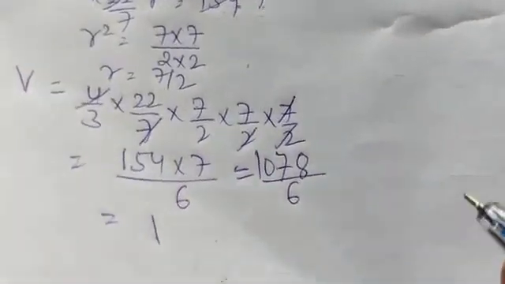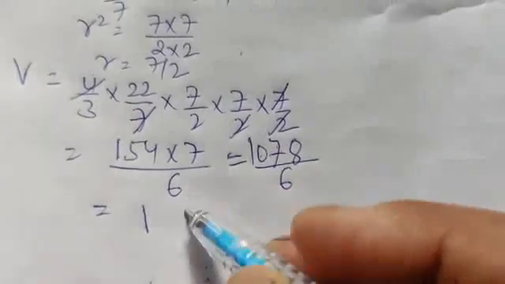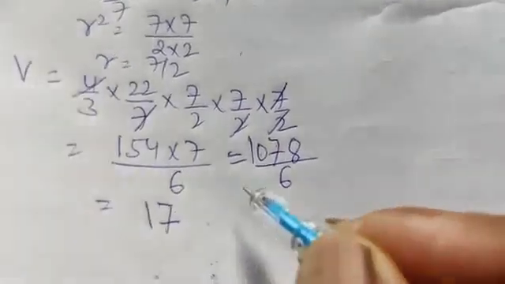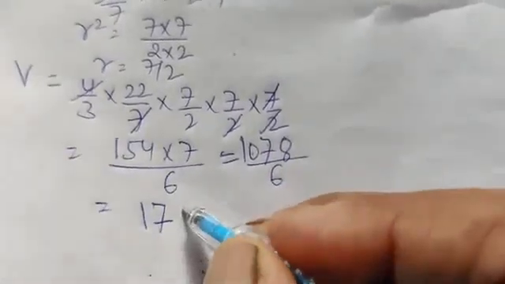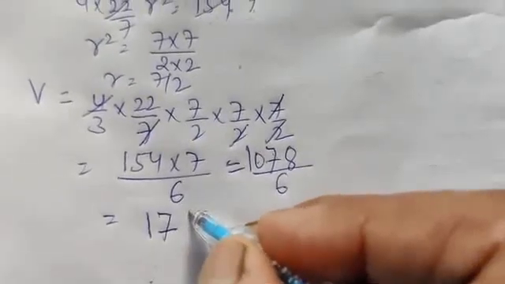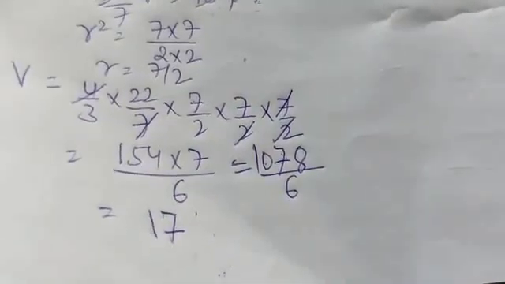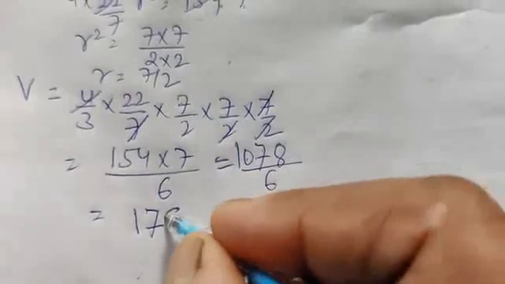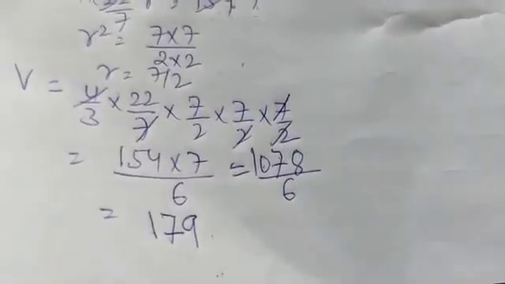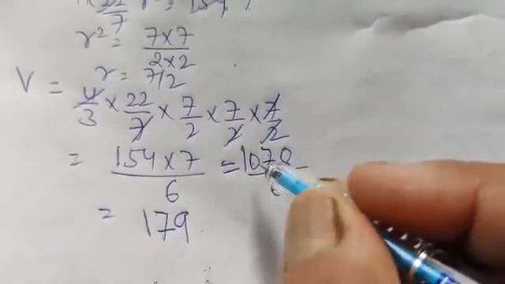6 1s are 6, 6 7s are 42, 6 9s are 54. So 179 whole 2 by 3.